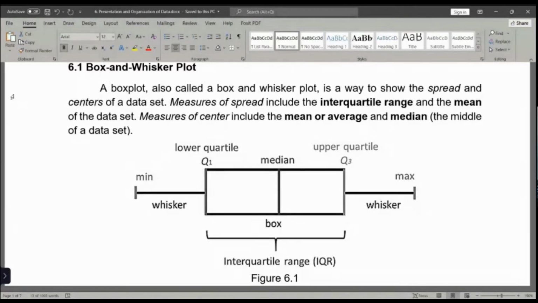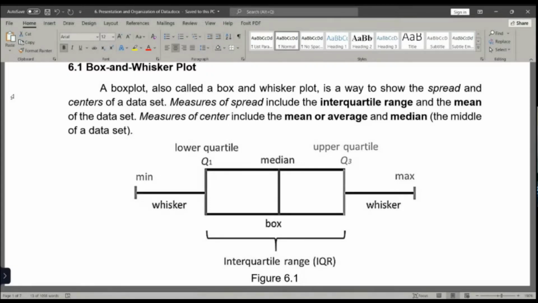Okay, measures of spread and measures of center. When we say measures of spread, this includes the interquartile range and the mean of the dataset. Furthermore, measures of spread can also be called measures of variation, measures of variability, or measures of dispersion.